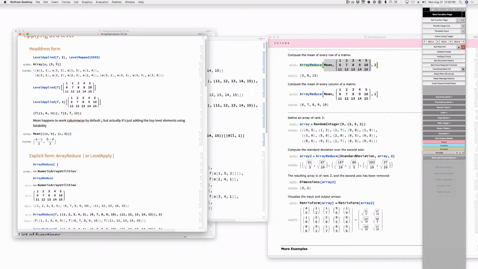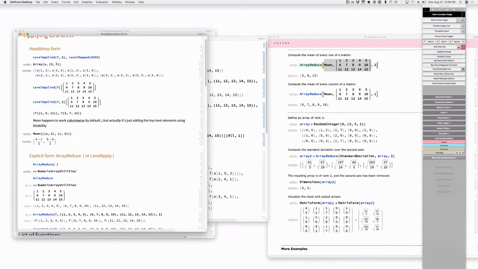So if we said, to me it would make sense, but maybe it doesn't work. If we said level applied of F, 2 means do column-wise application. Can that be made to work?